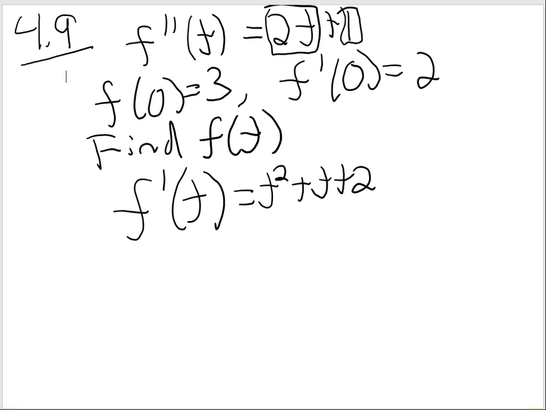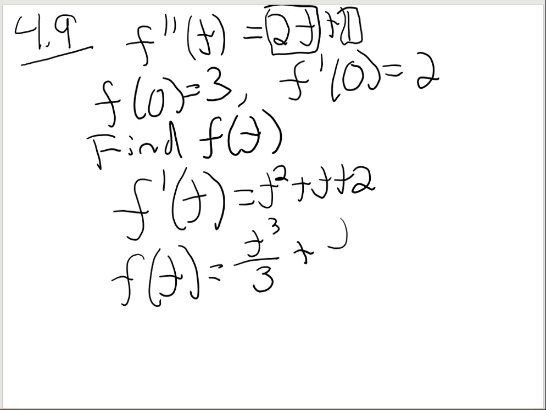So we know it's t squared plus t plus 2. And we can find, well, what's the antiderivative of that thing? Well, that's going to be t cubed over 3 plus t squared over 2 plus 2t. That's just using the power rule for antiderivatives, plus c.